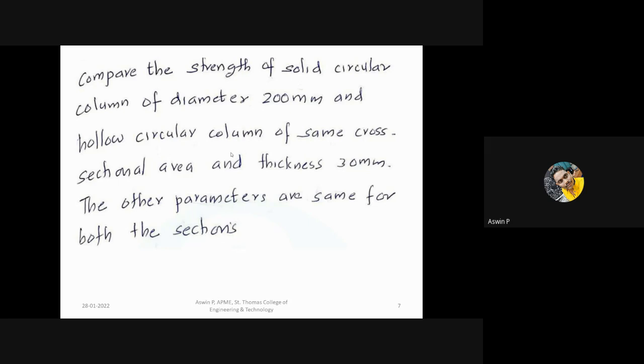Other parameters are same for the sections.